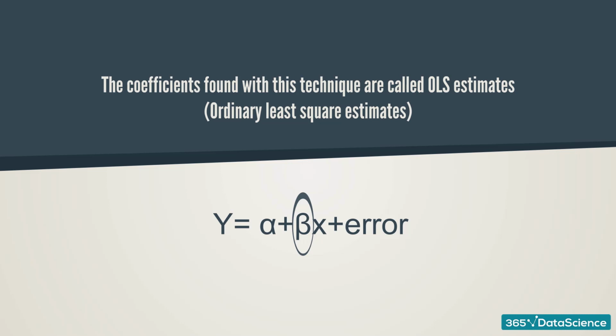OLS stands for ordinary least squares. We need to find a line that minimizes the distance between itself and the actual data observations we are using to calculate a regression. Right. So, that's how we calculate regression coefficients and an equation that allows us to predict the independent variable.